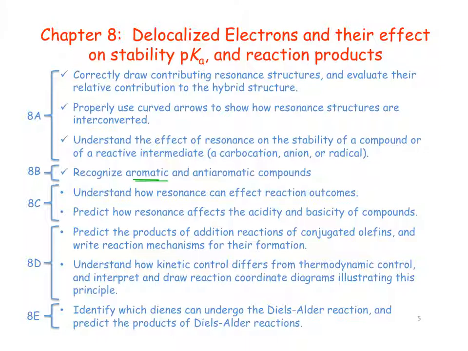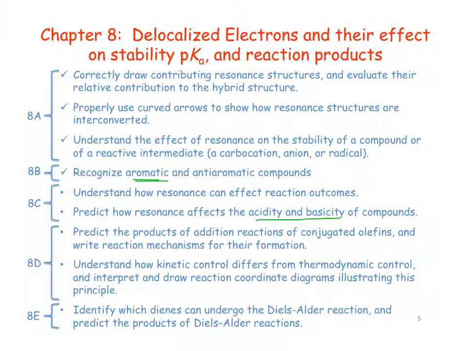We then went into two different videos talking about how resonance can affect reactivity. The first type of reactivity was acid-base chemistry, where we used resonance to influence the stability of either conjugate bases or conjugate acids.